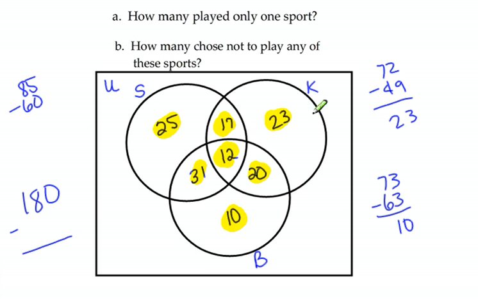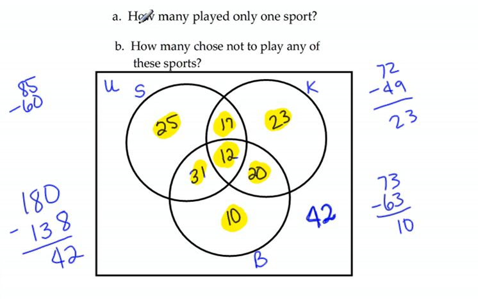When I add all of those up, I get a total of 138. So we should have 42 students who are in the survey, so they fall into the universal set, but they're not in one of those regions. Okay, now we can go on to answer the questions.